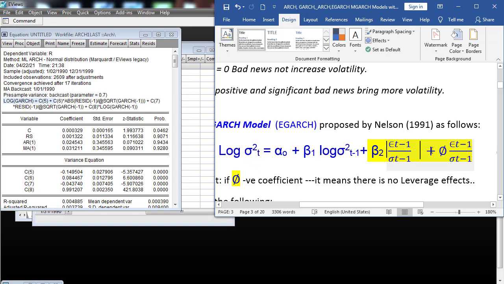And then theta, we'll go to theta. This is the residual lag 1 divided by the GARCH or variance lag 1, which is minus, as you can see it here, minus 0.0437, which is statistically significant.